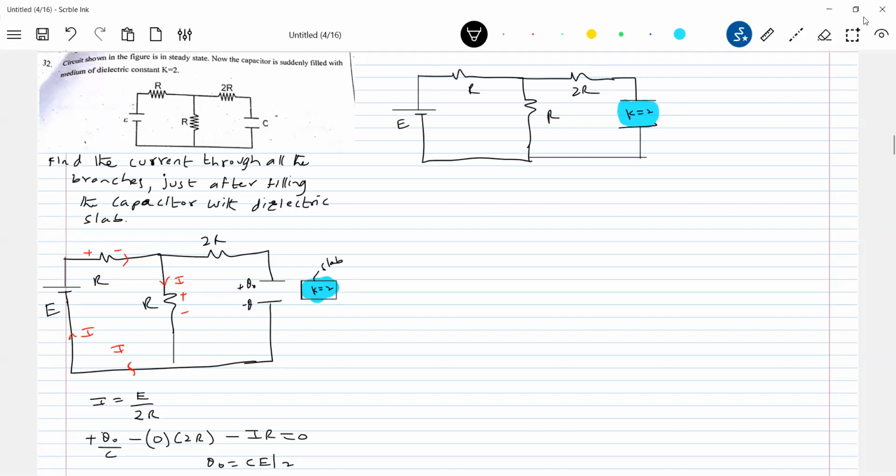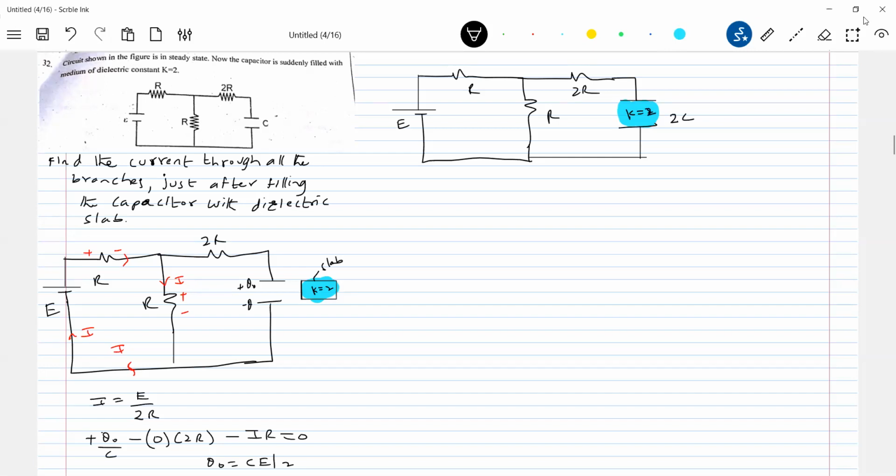Now what can you expect about the capacitance? When you fill a capacitor with a dielectric slab of K, if fully filled, the capacitance will increase by K times, no? So the capacitance here will become 2C.